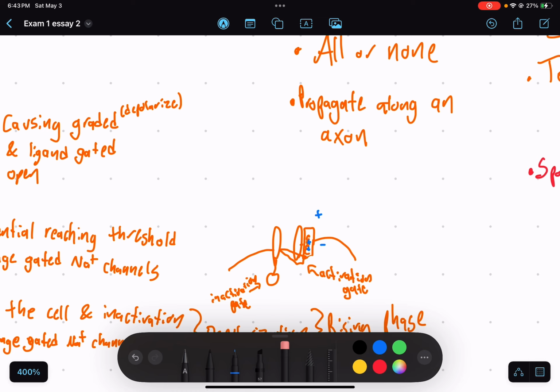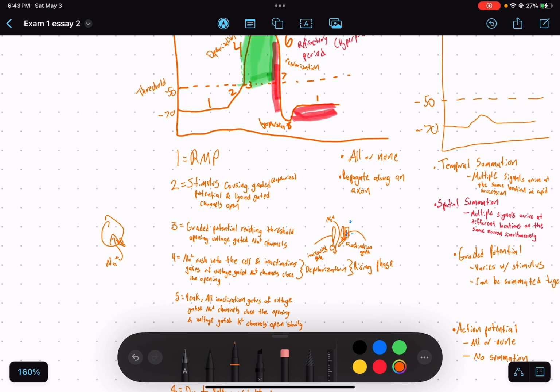Therefore, that spring will then allow this gate to open up. So this spring will move more upwards, and it'll open up, allowing the sodium to rush in really fast. So that's what's happening at number 3.